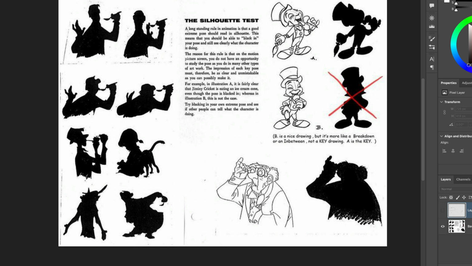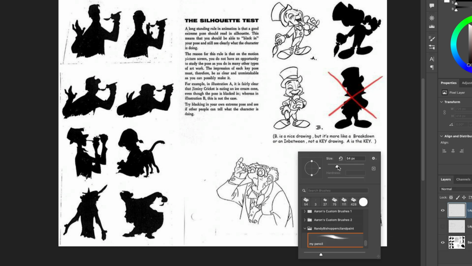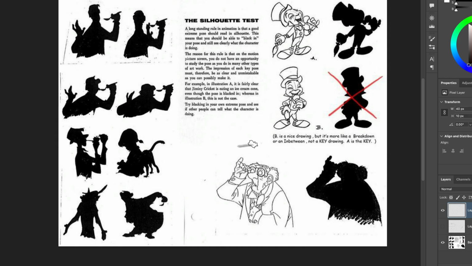So that being said, I do agree with this point here, which is that this drawing is not a bad drawing per se, but it's not the drawing that you want to sell the story. It says here in B, it works very well as an in between.